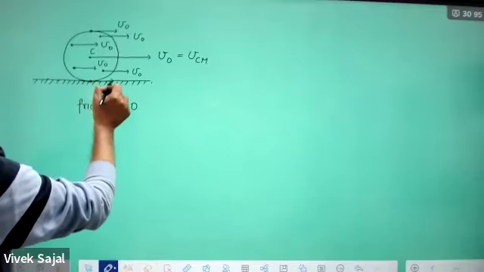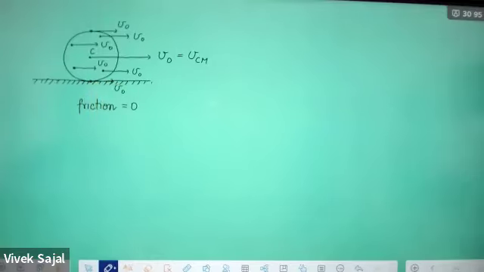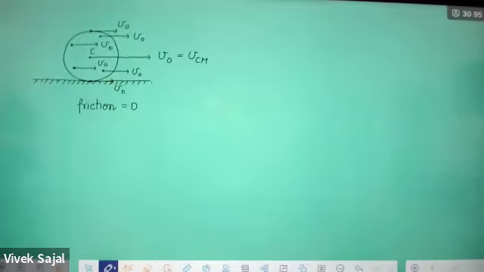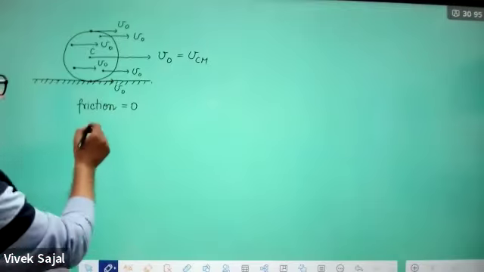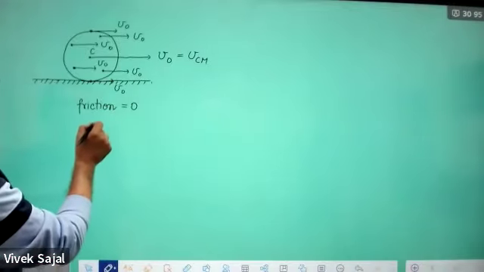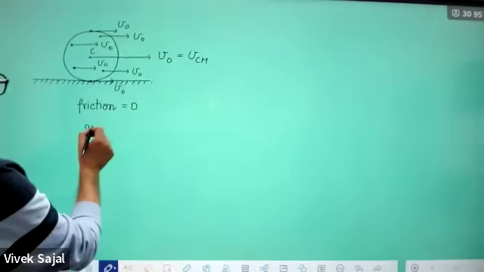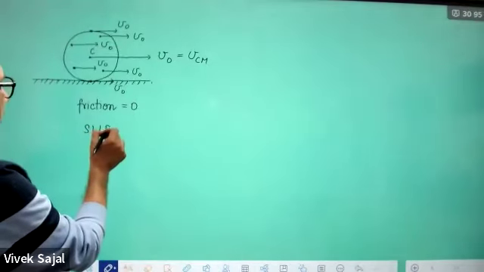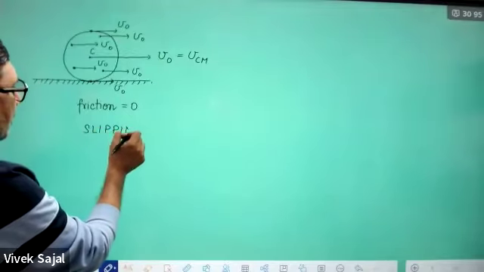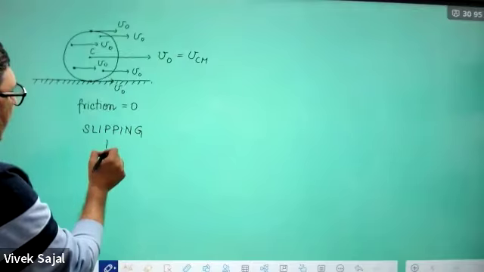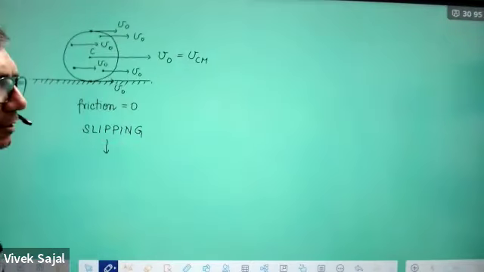So this type of motion, what do you call it? You are going to say that this is slipping. So try to understand, there is no rotational motion here.